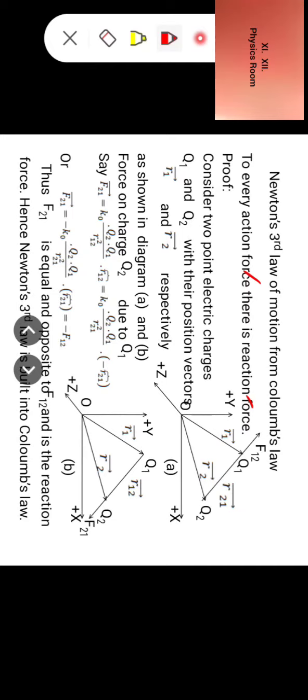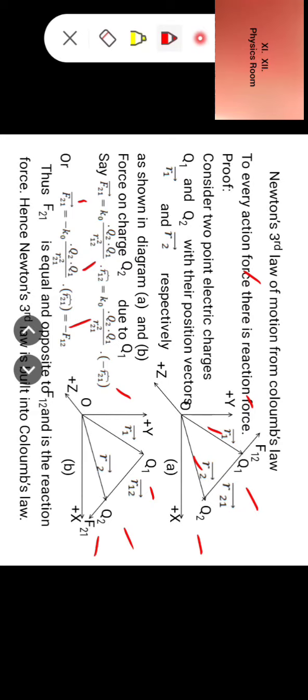Consider two point electric charges Q1 and Q2 with their position vectors R1 and R2 respectively, as shown in figure B. Now the force on charge Q2 due to Q1 is F21, equal to K naught Q2 Q1 divided by R12 square into unit vector R12, or we can write it as K naught Q2 Q1 divided by R21 square into minus R12.